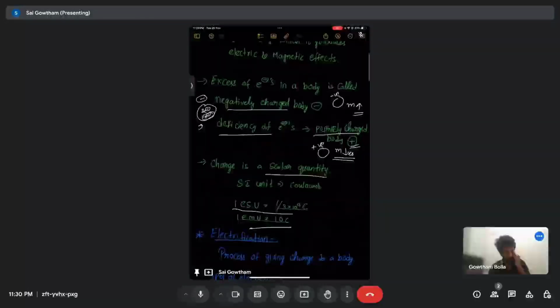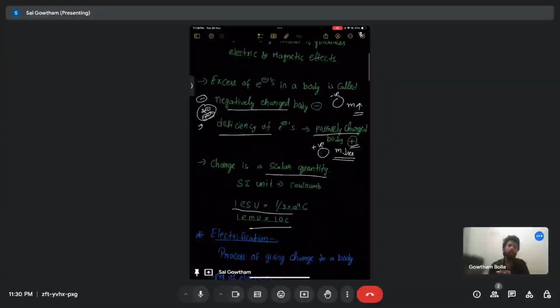Friction method. If two bodies are rubbed against each other, due to the frictional force there will be a transfer of electrons from one body to the other body. In this way, we can charge a body.